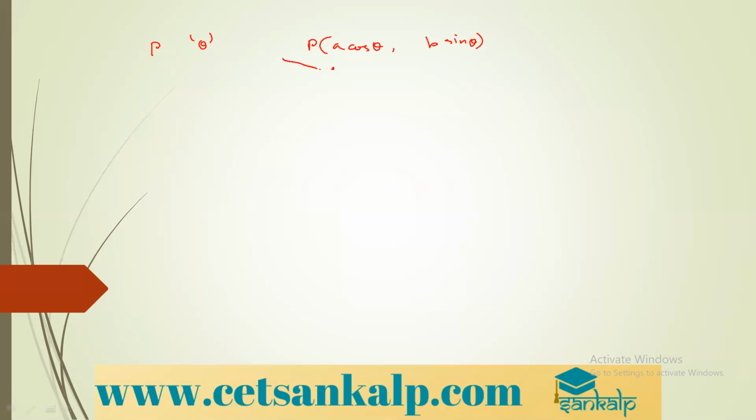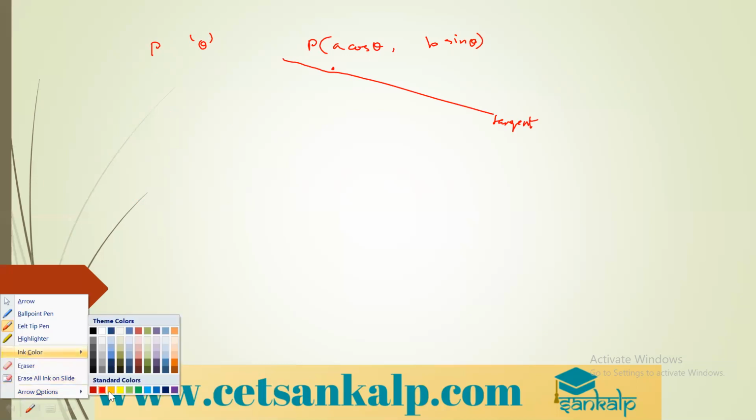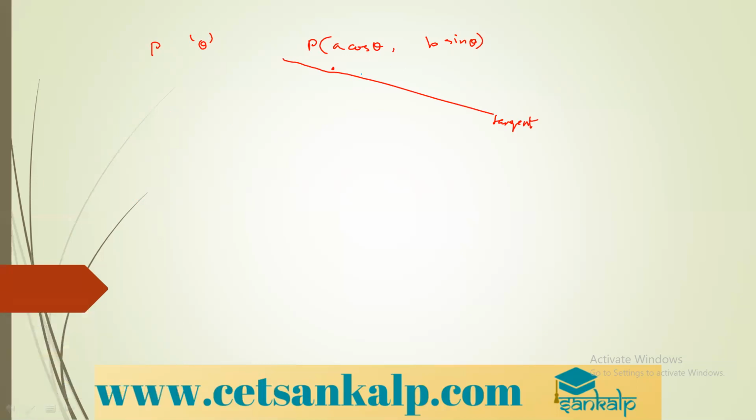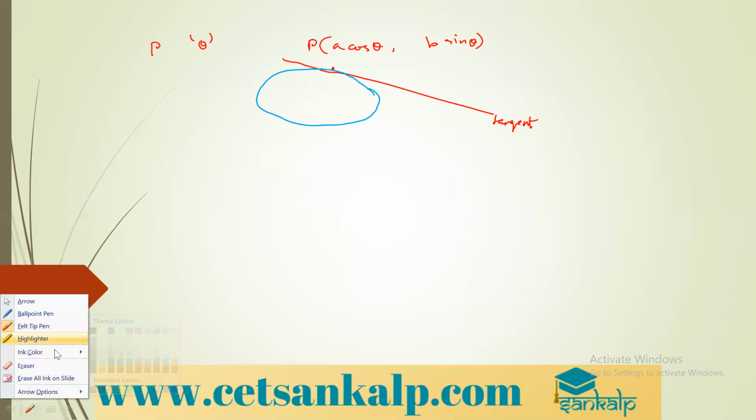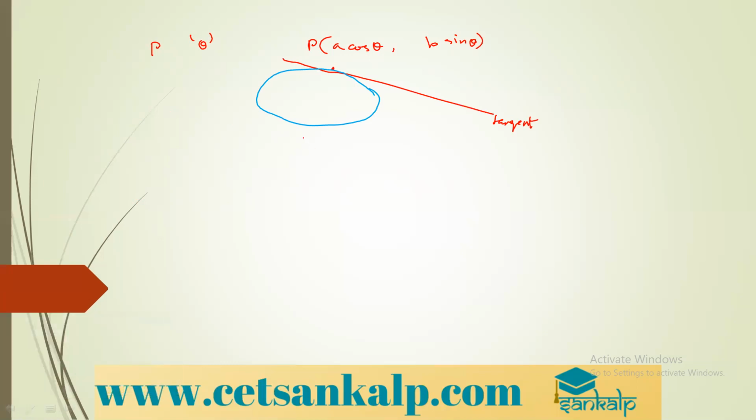At this point, if a tangent is drawn to the ellipse, this tangent is nothing but the tangent of the ellipse. Which ellipse am I talking about? x square by a square plus y square by b square equal to 1.